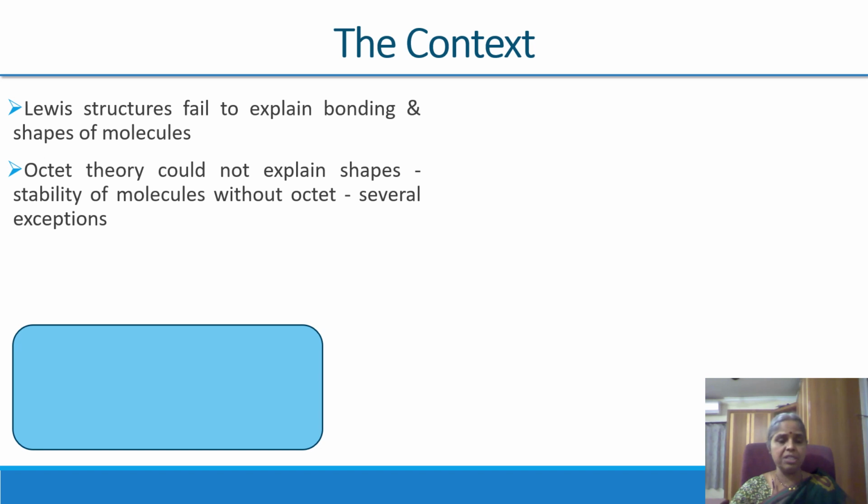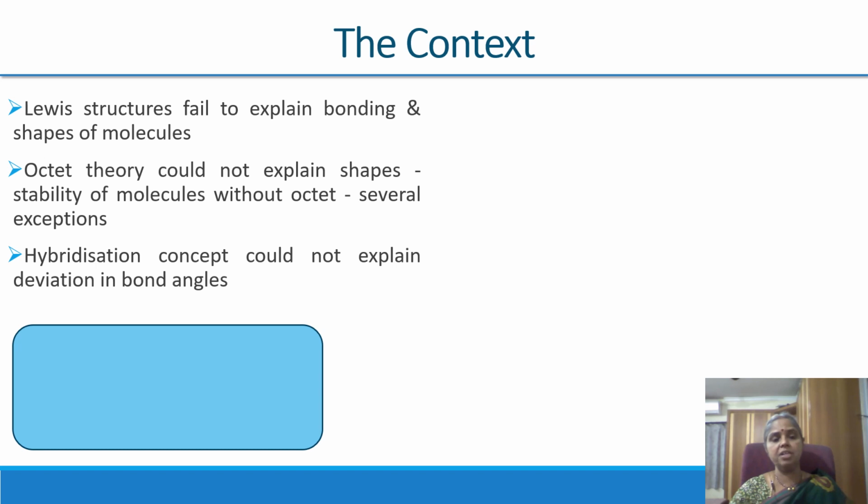Of course, to a certain extent, if the valence shell has an octet configuration, it is stable, but there are several examples where the molecules are stable, but the central atom does not have an octet of electrons. There are some examples where the number of electrons is less than an octet, and certain other examples where it is greater than an octet.